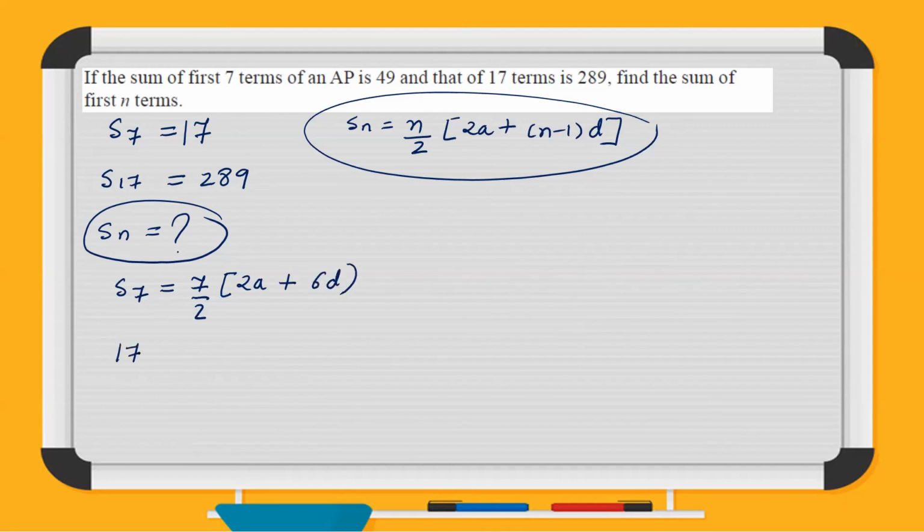What is S7? S7 is 49, equal to 7 upon 2. I'll take out 2 as common from here: a plus 3d. 2 and 2 get cancelled.